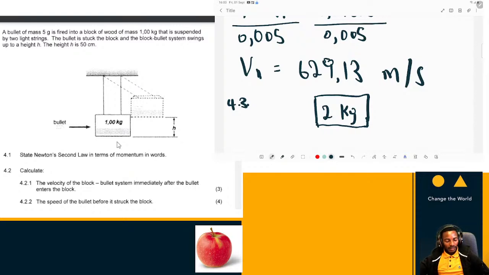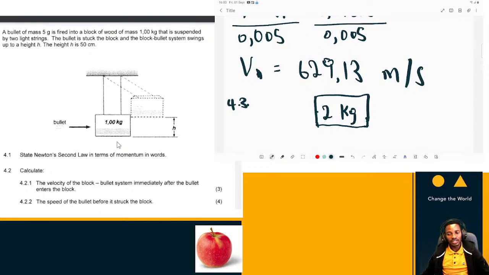So remember, the height reached by the block-bullet system depends on the force. Before we even talk about the force, we have velocity, and this velocity does change because when the bullet hits this block, there is a change in velocity. That means there is an acceleration or deceleration.